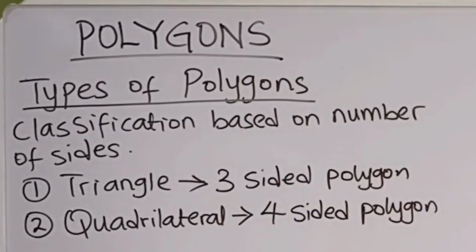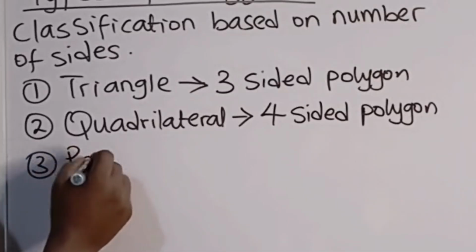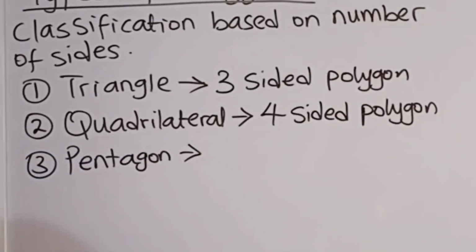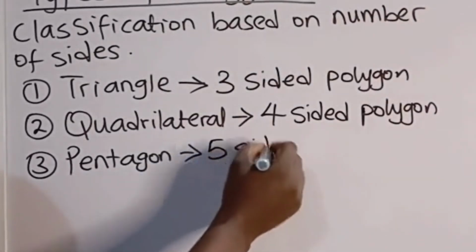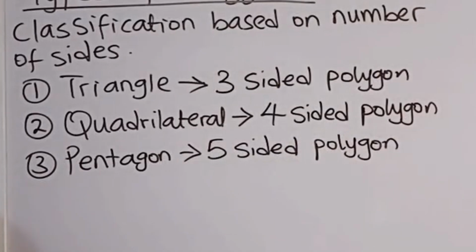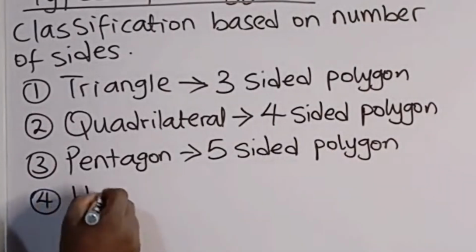Next, pentagon. The pentagon is a polygon that has 5 sides. Okay, so we'll just go quickly. Number 4, hexagon.